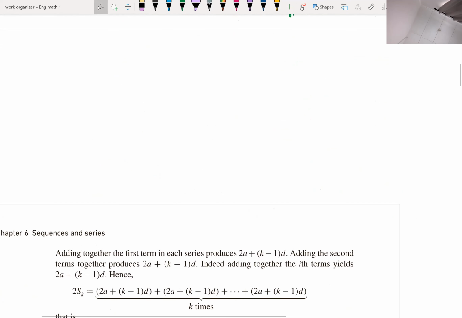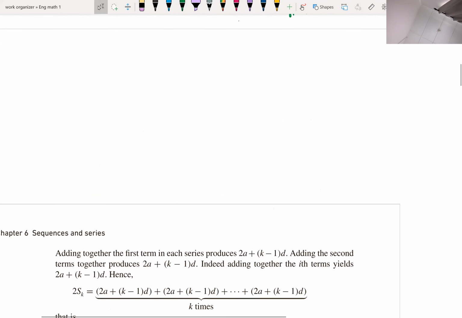This is the last term. This one should be moved as well. So we just add. I'm using this color. The last term we will add with the first term, which is a.